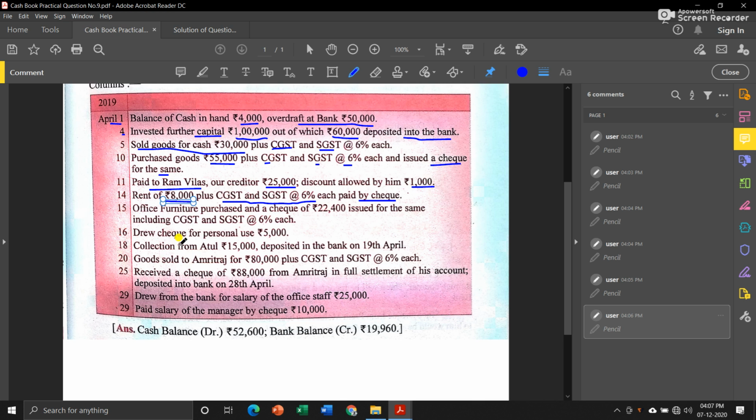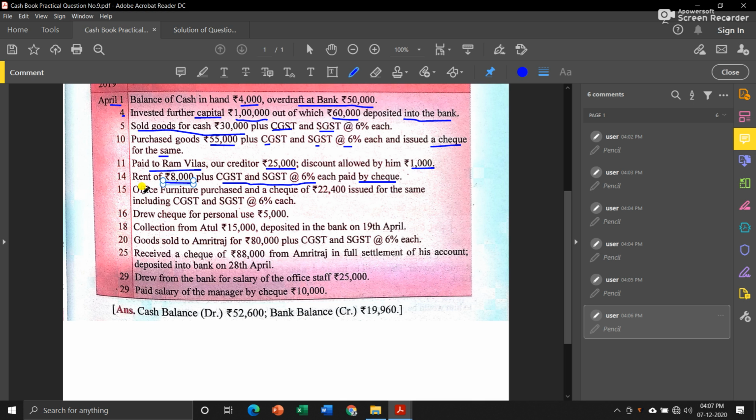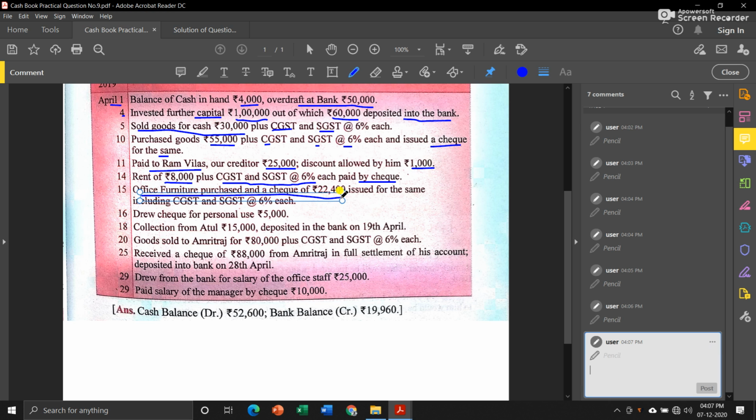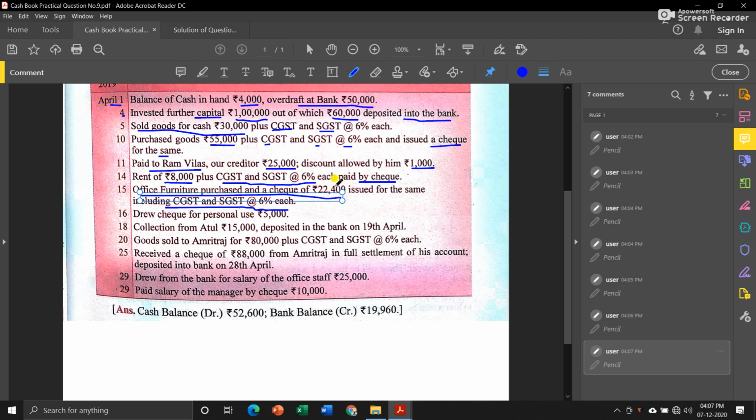The next, on April 15, office furniture purchased and a cheque of rupees 22,400 issued for the same, including CGST and SGST at 6% each. That means the cheque that we issued of rupees 22,400 includes 6% of SGST as well as 6% of CGST.